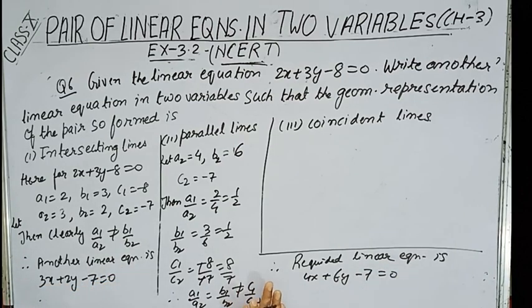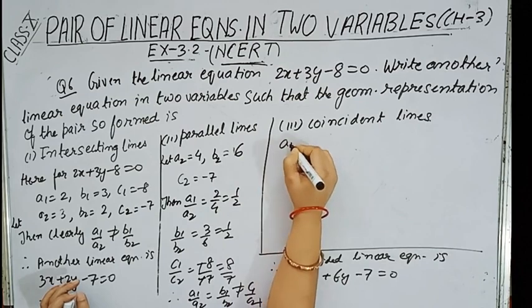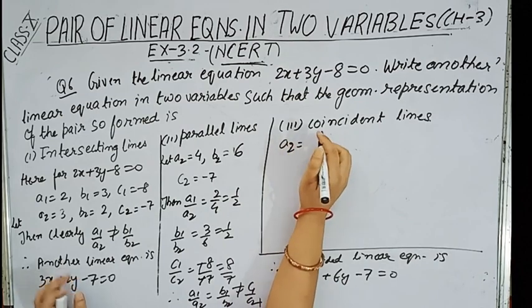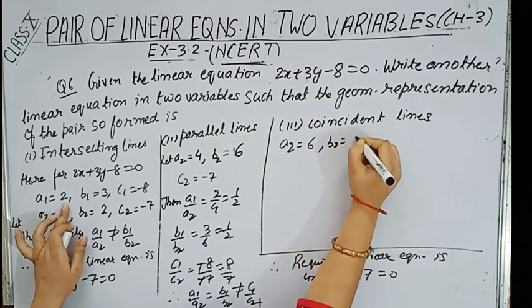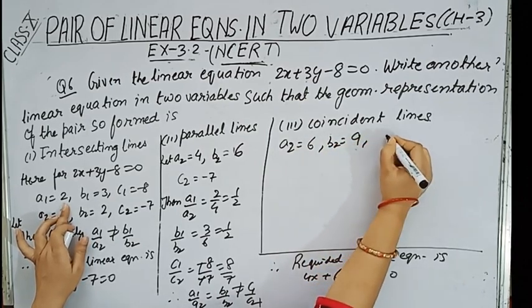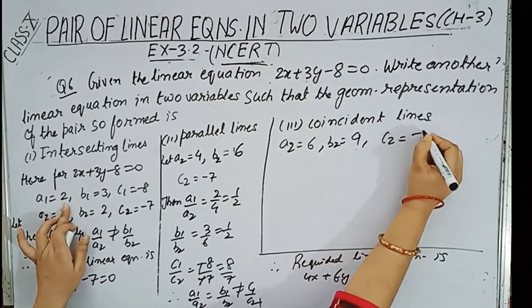Now the third case, coincident lines, means infinite solution. The condition is a1 by a2 equals b1 by b2 equals c1 by c2. So let us suppose a2 equals 2 3s are 6, b2 equals 3 3s are 9 and c2 equals 8 3s are 24.